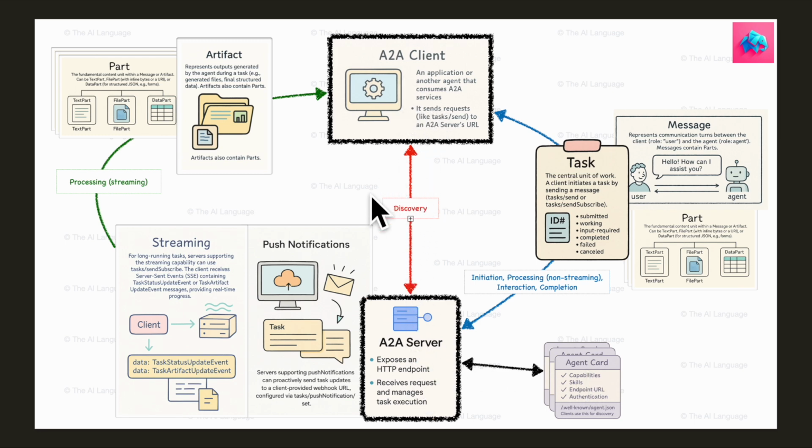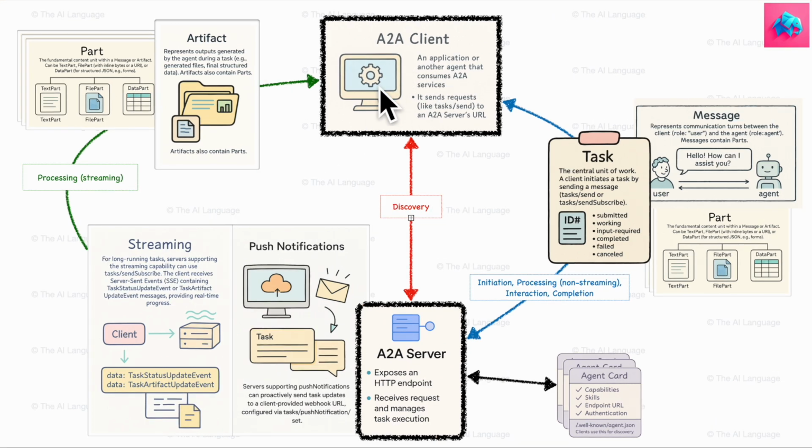This is what we call discovery, where the A2A client discovers what different agents are available and what they can do. So now we are clear with what a client is and what a server is, and how the client can discover all the different agents through the server, through the discovery flow. As an example, you might have a client which is a personal assistant agent that's running with every user, and you might have a server that exposes 3 different agents for this personal assistant agent.